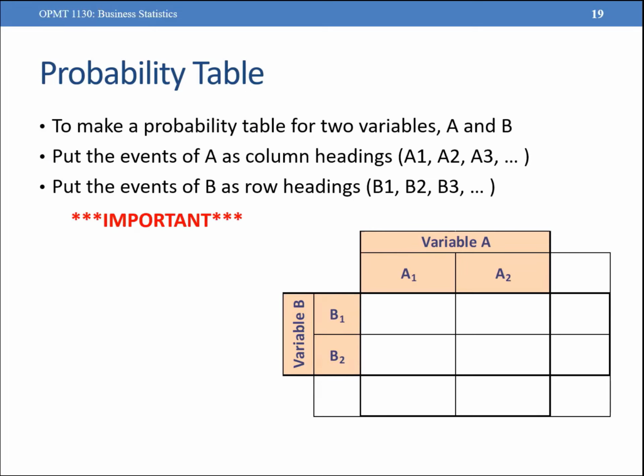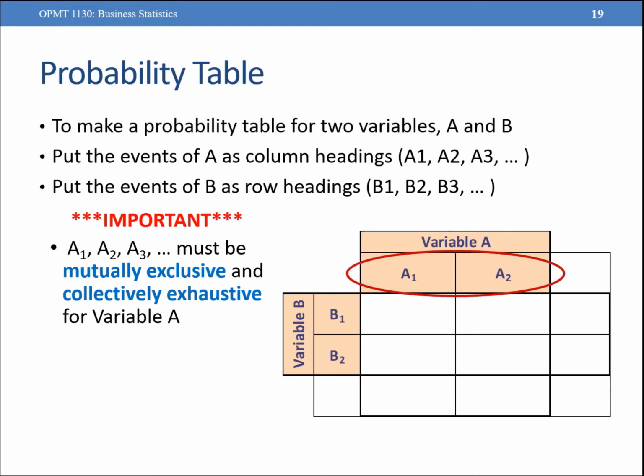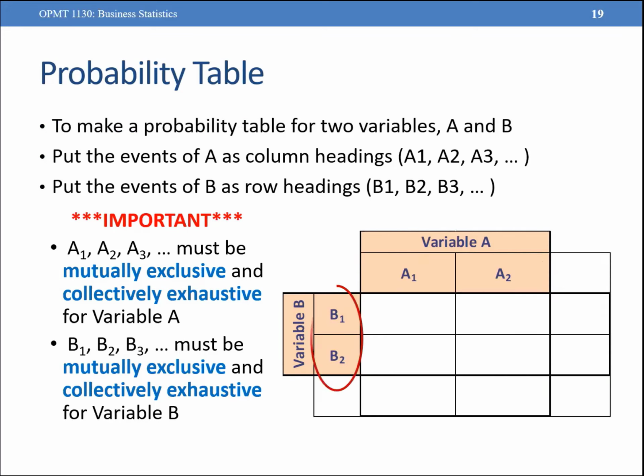Now, this is really important. Variable A, house claims, no house claims, they have to be mutually exclusive. There can be no overlap whatsoever. They have to be mutually exclusive items, and it has to be collectively exhaustive. It has to cover everything. And that goes the same for the row headers, our variable B.